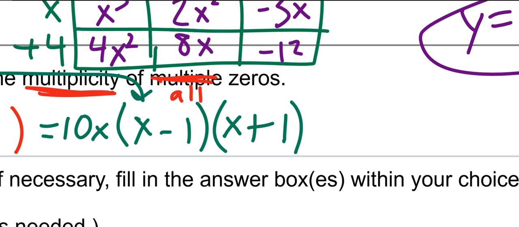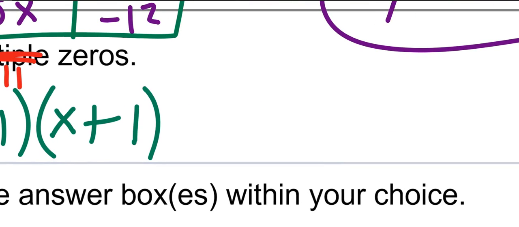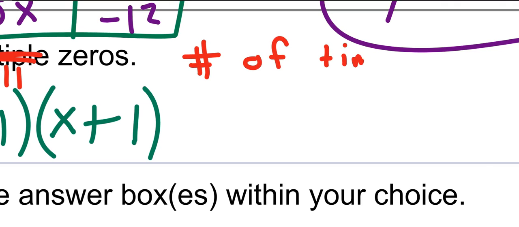Okay, now, what's our definition of multiplicity? It's the number of times a factor occurs.